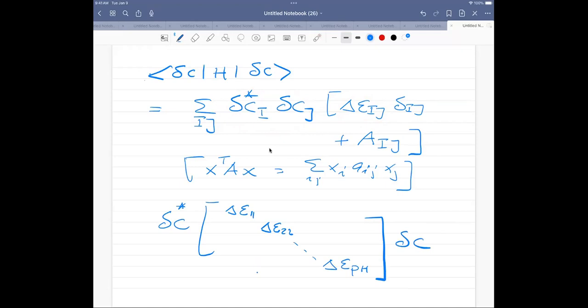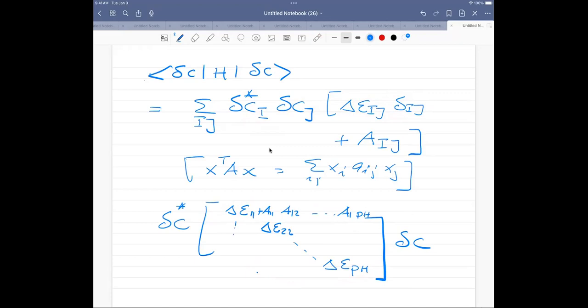So what you have here is nothing but something you can rewrite in terms of a vector. We have the specific component multiplied with a matrix, where the first term is diagonal. And then the next term is going to have non-diagonal elements, because what I would get then is a plus A11, and then I would have an A12, and then an A1 up to the last particle-hole configuration.